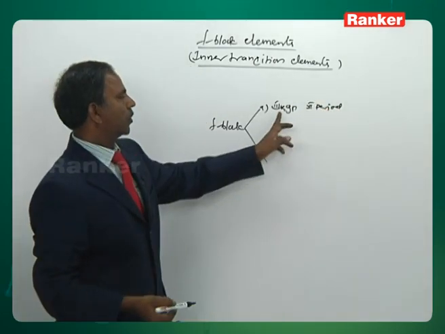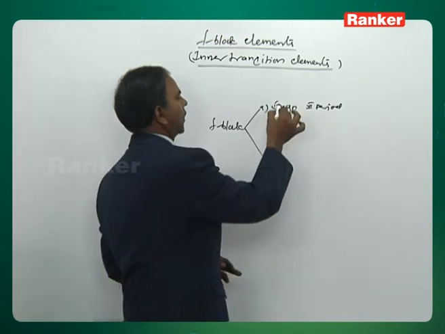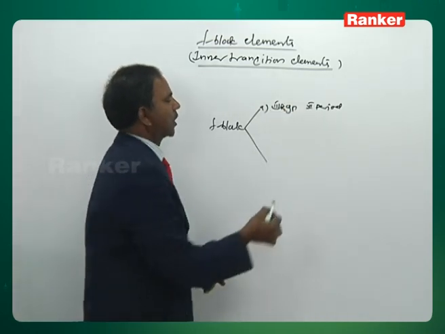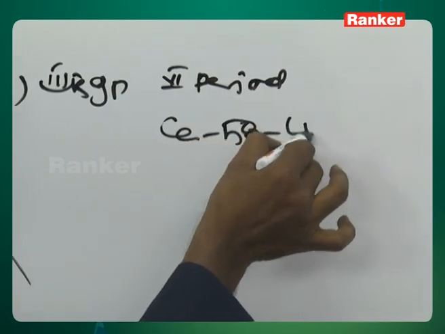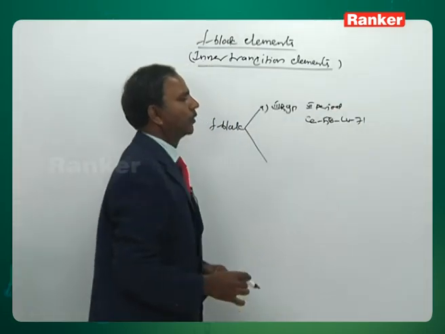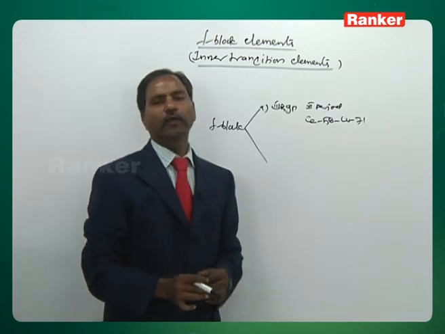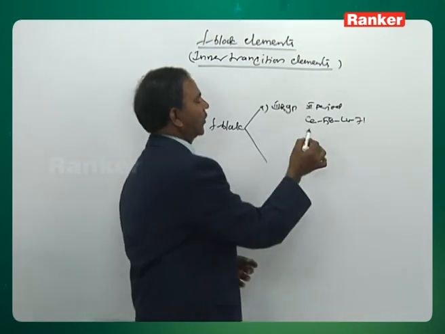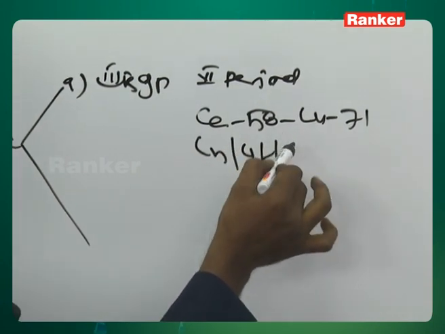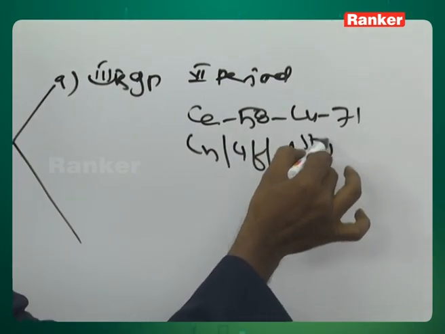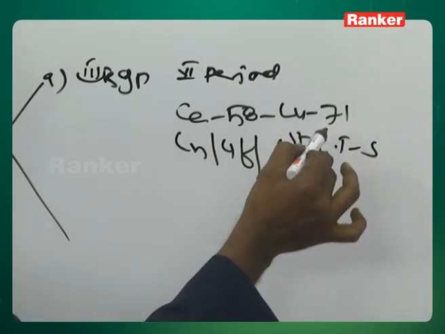starting from cerium 58 to lutetium 71, are known as what? We can say lanthanides, or you can consider the 4f series, or you can say first inner transition series.